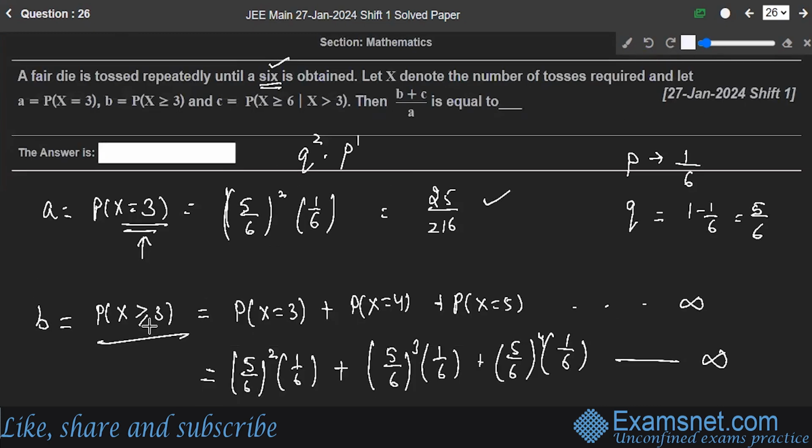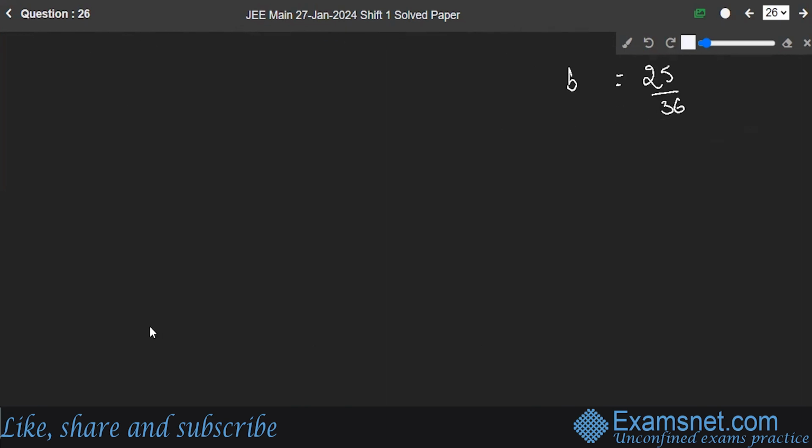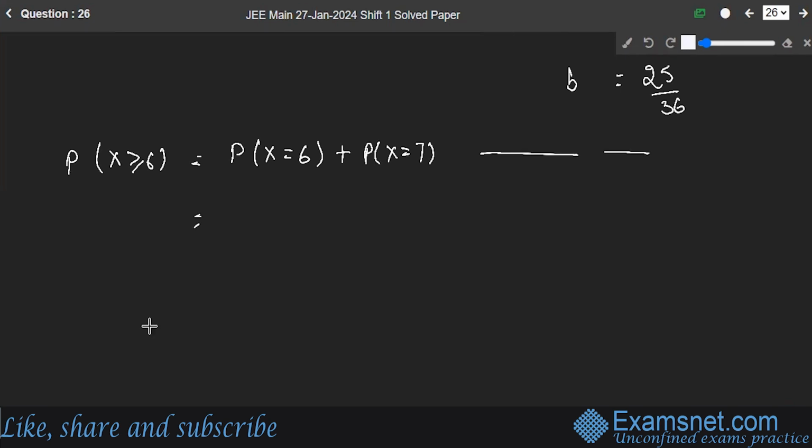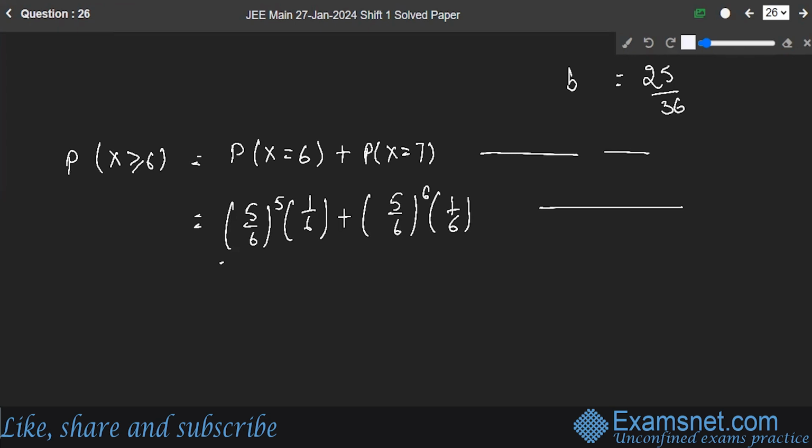What does part C say? For C, I want the value for probability x greater than or equal to 6. Now again, this will be the probability you get it on the 6th attempt, on the 7th attempt, and so on. This is given by 5 by 6 raised to power 5, 1 by 6, 5 by 6 raised to power 6, 1 by 6, and so on. This is your first term.